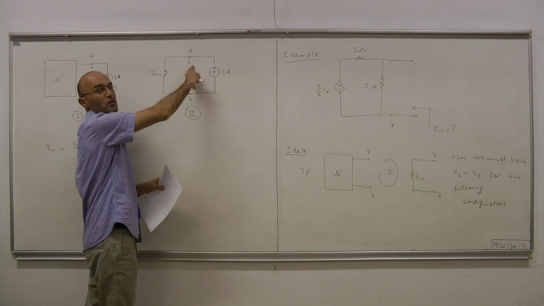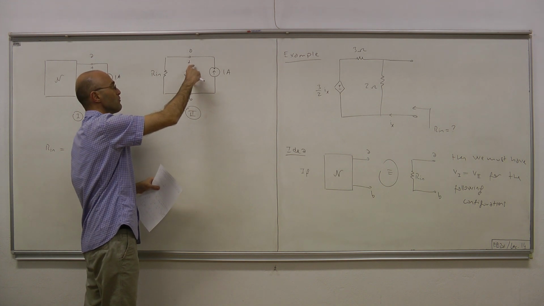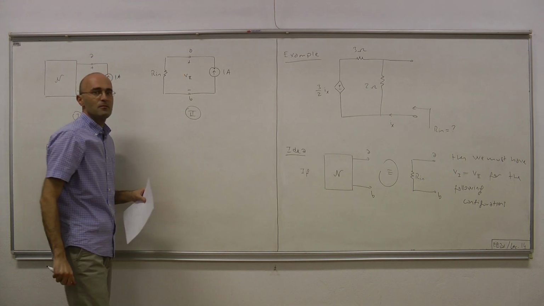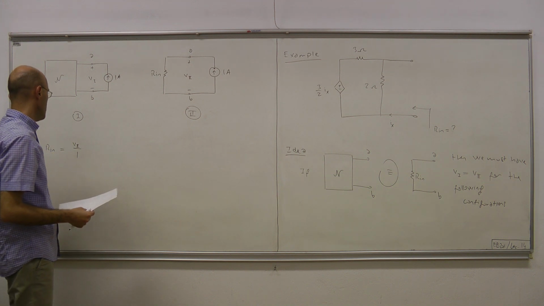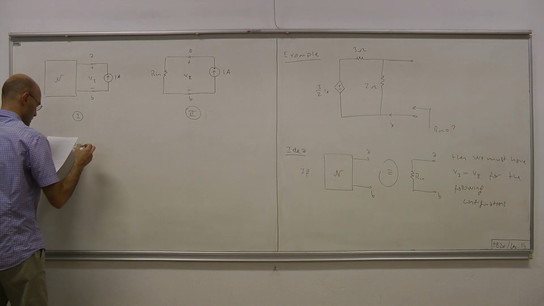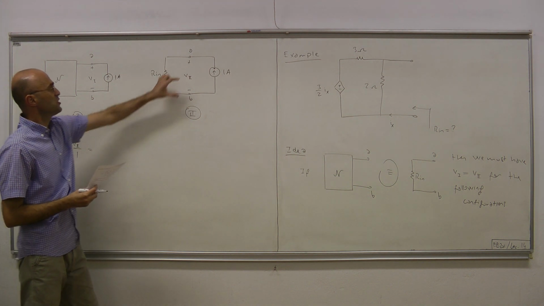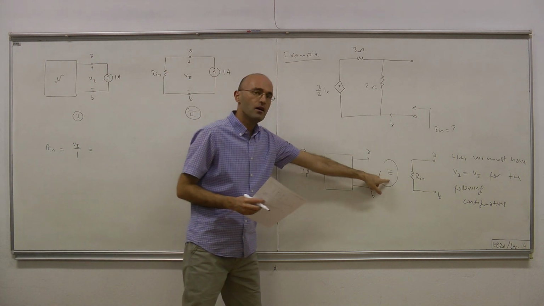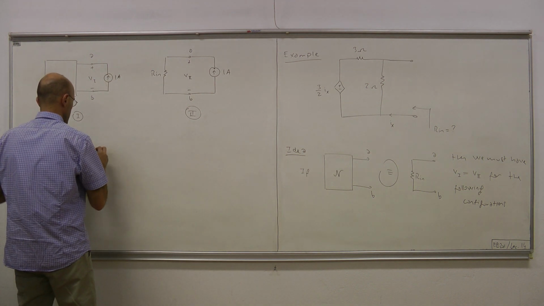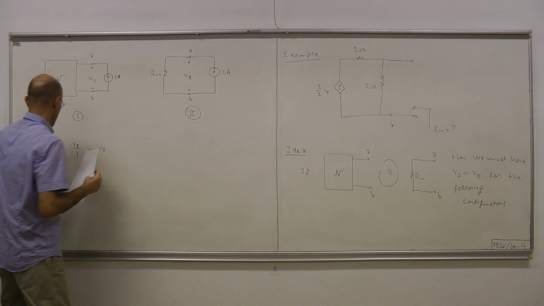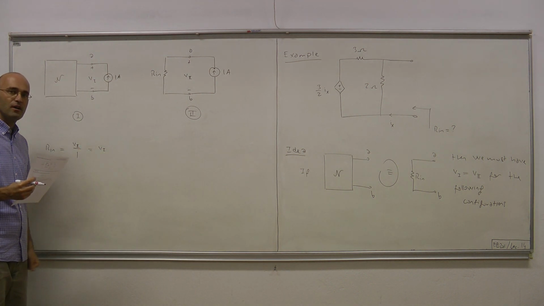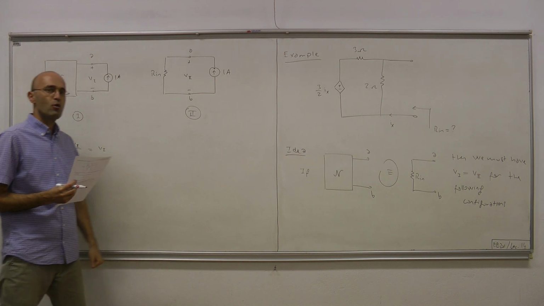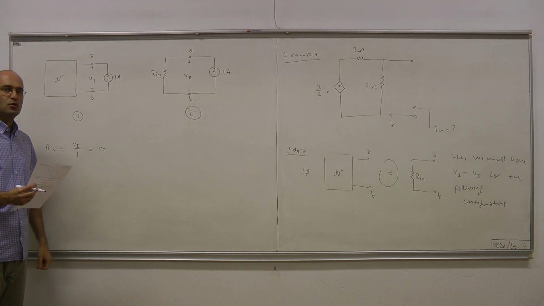The voltage across its terminals is V2. Therefore, V2 divided by 1, which is V2, must be Rin. And this V2 equals V1 because of that equivalence. And this simple chain of equalities is what we're using to compute Rin.